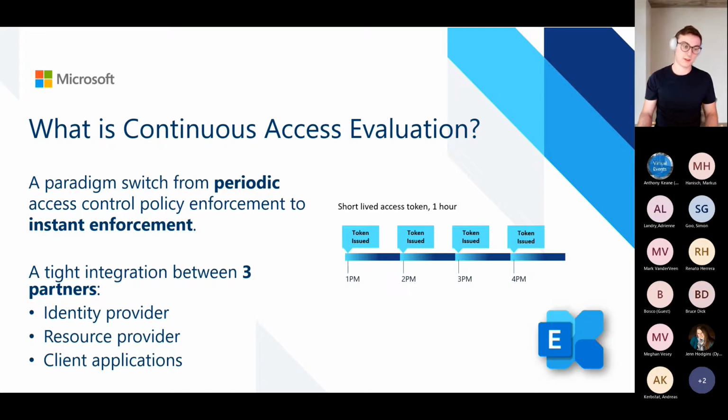All right, so let's get started with talking about what is continuous access evaluation. Continuous access evaluation is a change in the way we do policy and access control enforcement. Typically, I'm using the illustration on the right here to show that as a token gets issued, the policies are enforced, and then as time goes on after that, the policies aren't enforced.